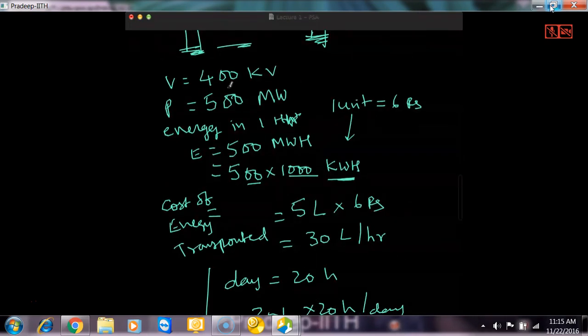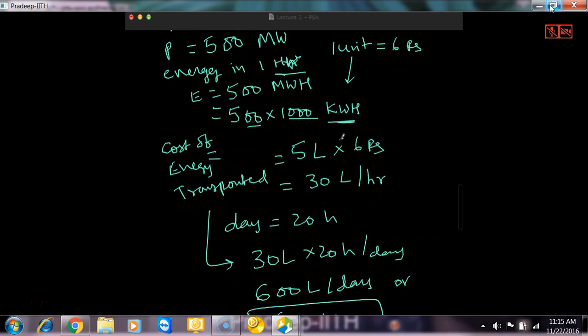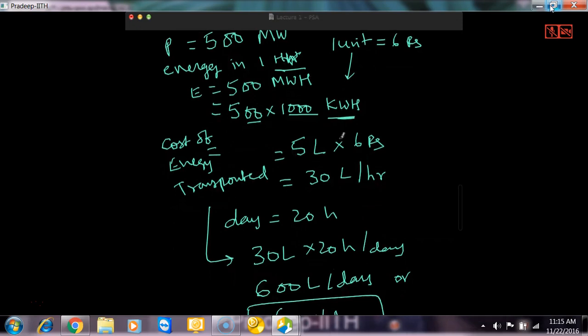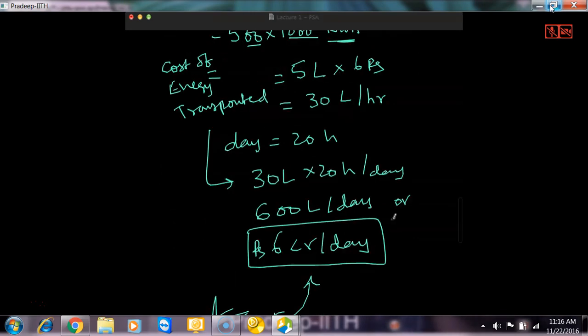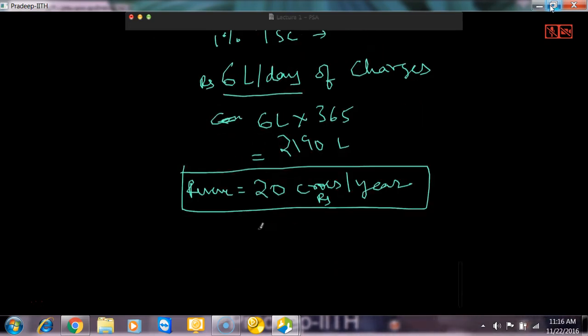Then the energy carried in 1 hour, and the cost of that energy carried we calculated per day. So we got 600 lakhs per day or 6 crores per day. Then assuming 1% transmission service charges, we get about 6 lakhs into 365, or approximately I round it off to 20 crores per year. So this is in rupees. This is the revenue.